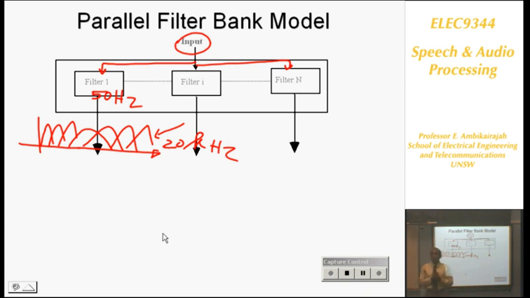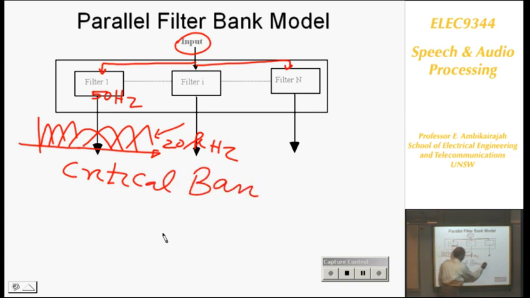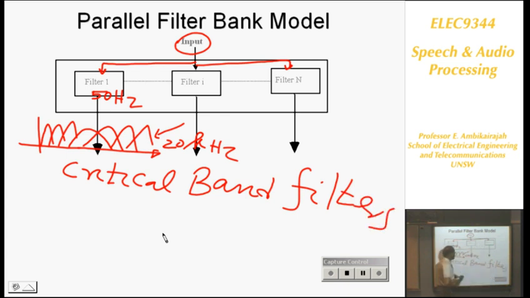Altogether, 24 filters, which we call critical band filters. Critical band filters are more than enough to capture the information that comes from speech or from music.